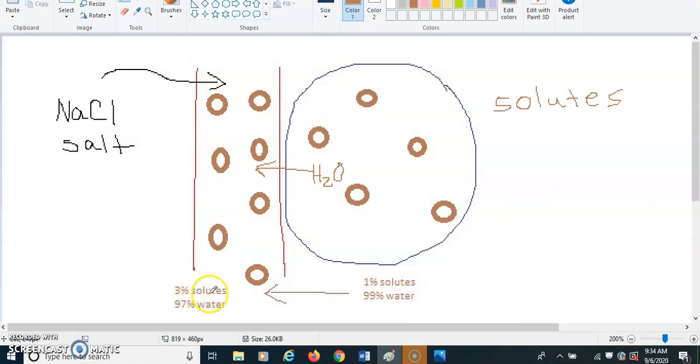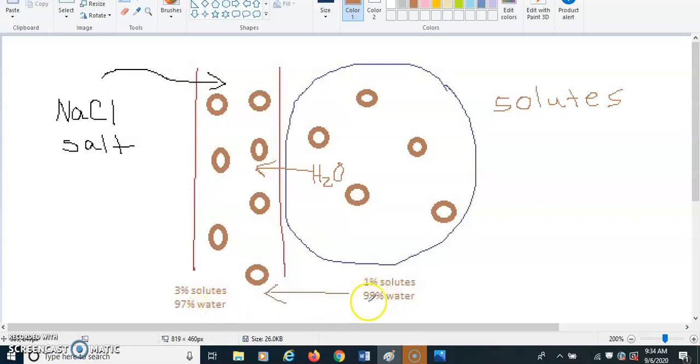So it's 3%. So this is showing the water moving. If the water does move, which it will, from inside the cell to outside the cell to help equalize the solute concentration on either side of the plasma membrane, then the water moving in this direction will increase the water over here.